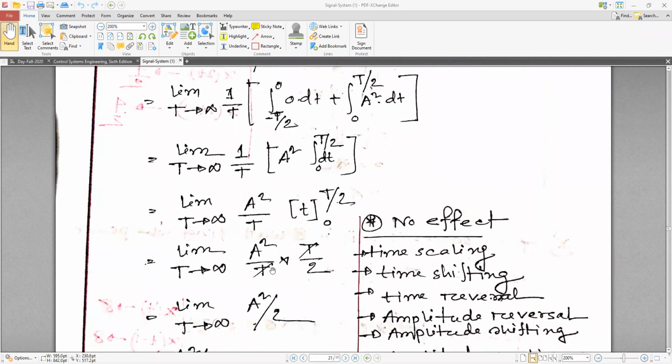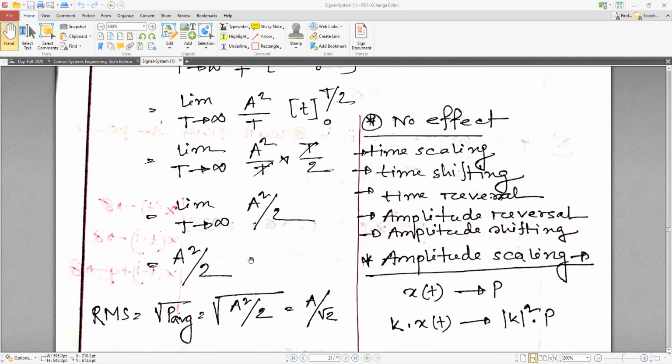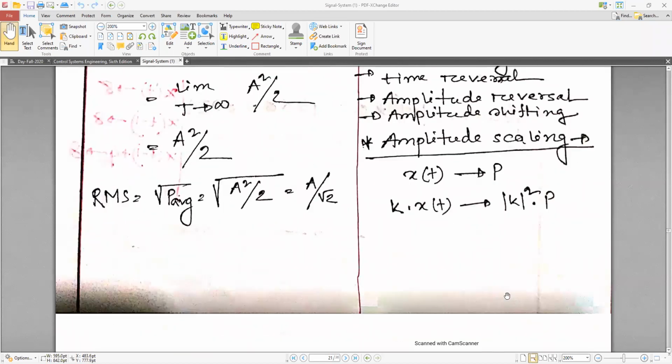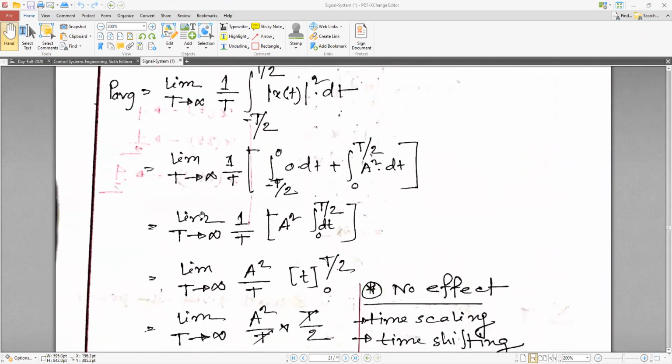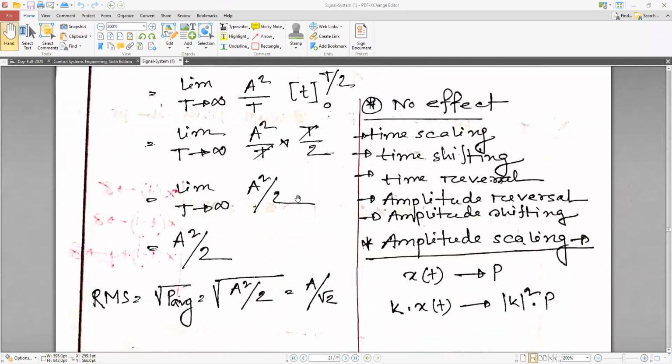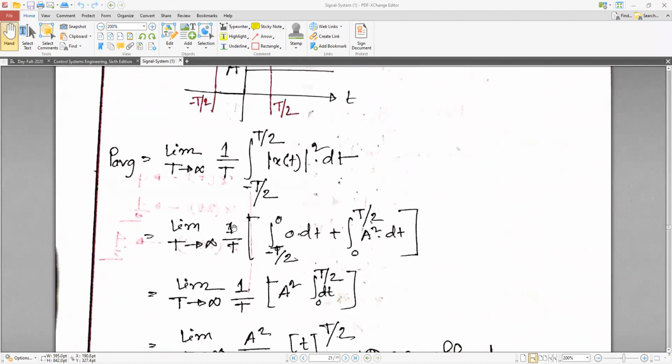So just do the calculation, A squared by T0 or A squared by T. So RMS value will be this. This has no effect of time scaling, time shifting, time reversal, amplitude reversal, amplitude shifting, amplitude scaling. So P of kx(t) is k squared P. So that is the solution of this equation. You can find the value here.